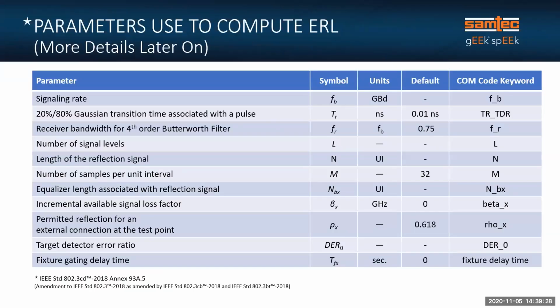These are all the parameters that we use to compute ERL, starting with the signaling rate. I'm going to go over each one of these, so hold your questions if you have any. Moving forward, next slide.